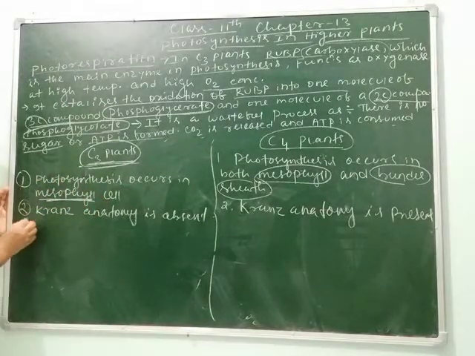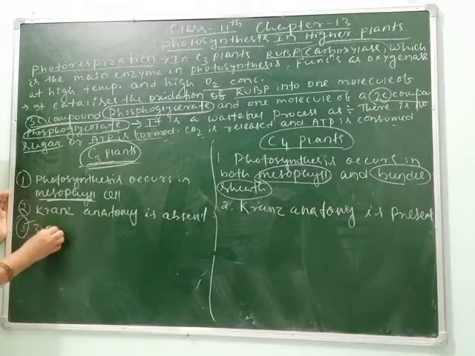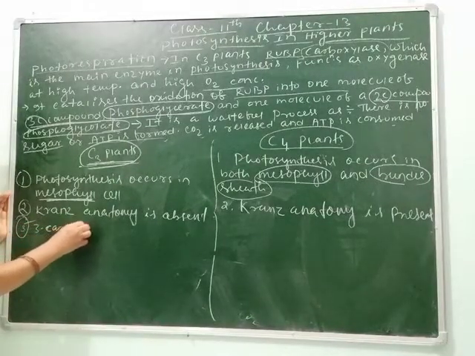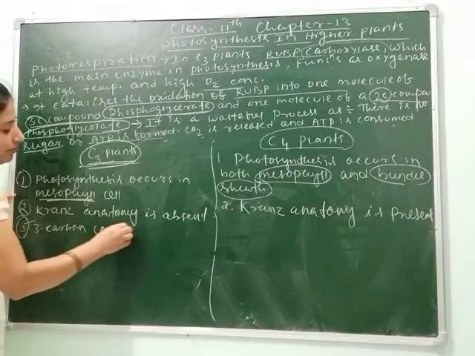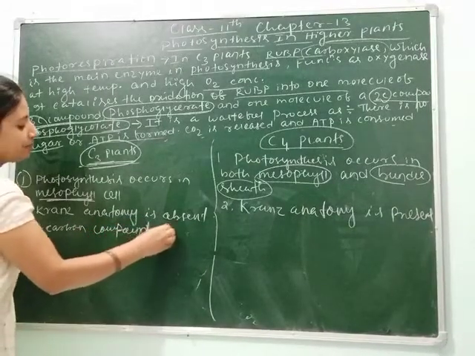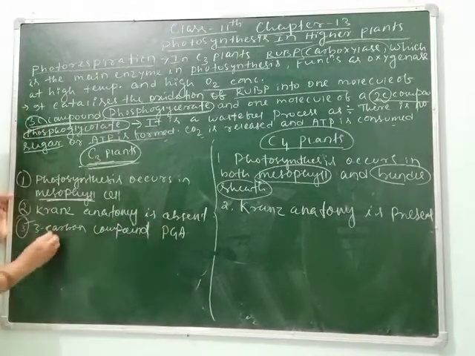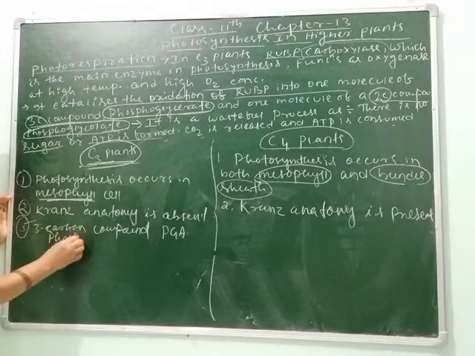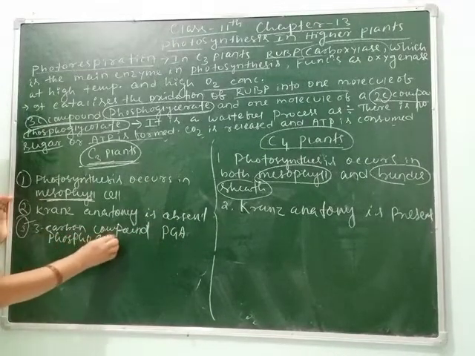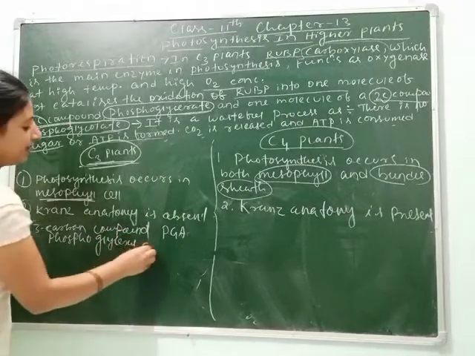And in C3 plants, the first stable product is a 3-carbon compound, that is PGA, which means phosphoglyceraldehyde.